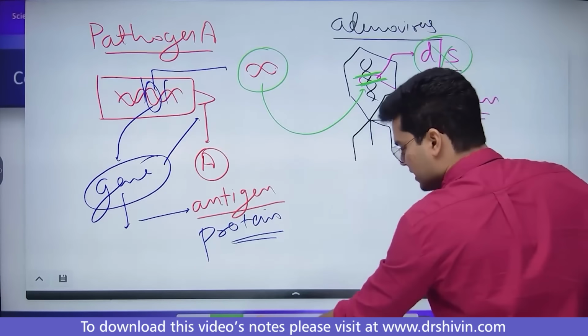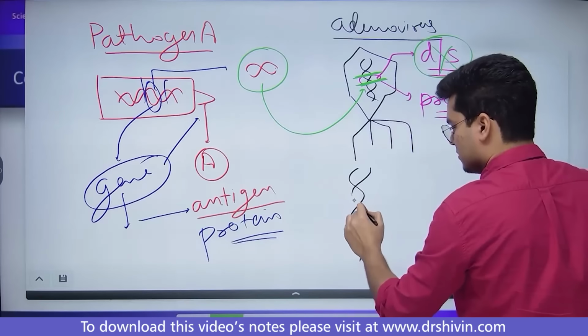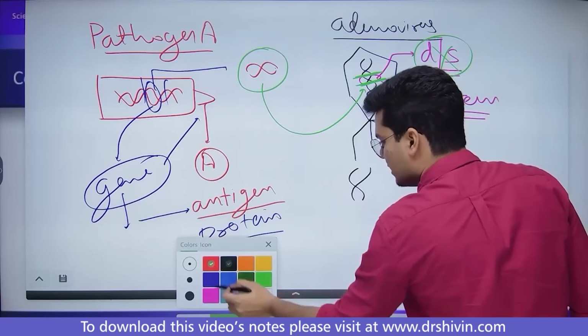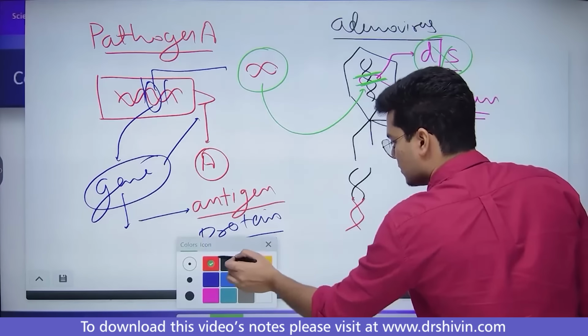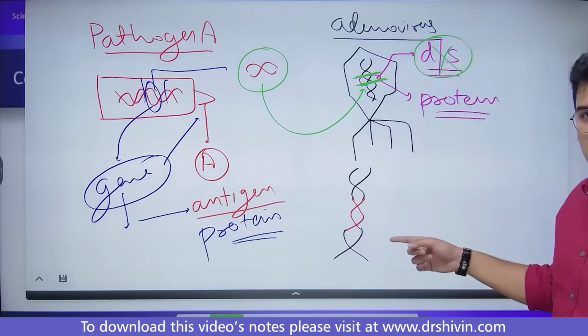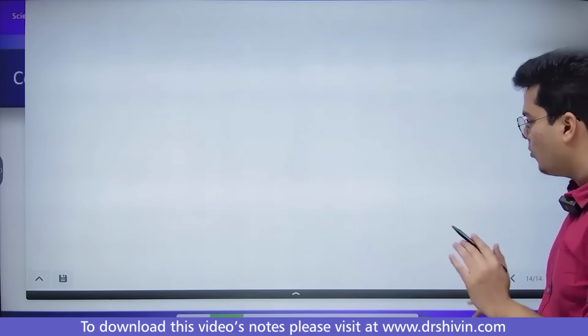Now the viral DNA looks something like this. Clear? Viral DNA looks like this now. Now what did I do?